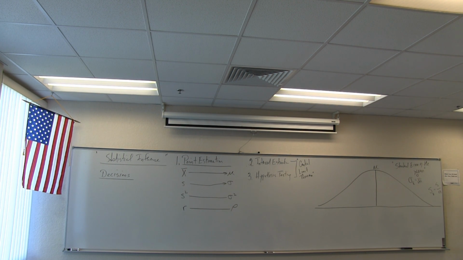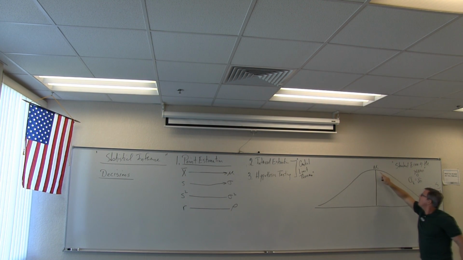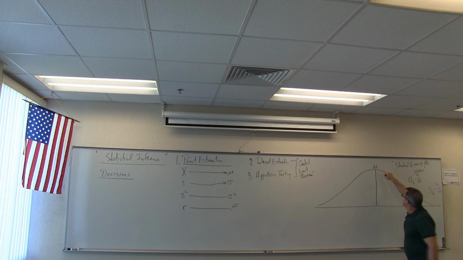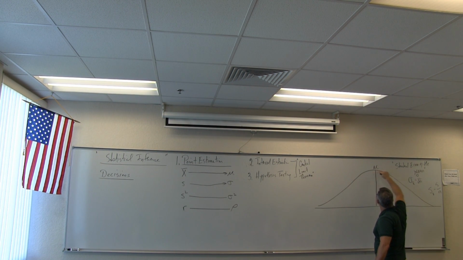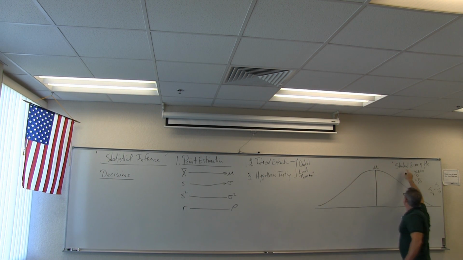If I took all those sample means and computed a mean of those means, it would equal the population mean. And the dispersion of all these little means around mu, we refer to as the standard error of the mean.